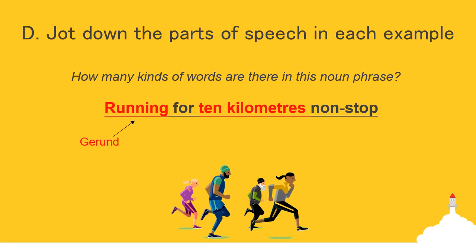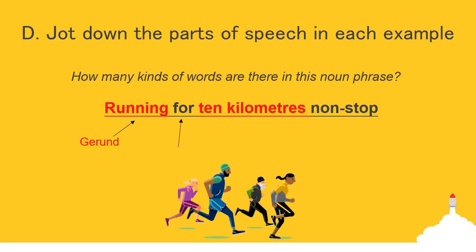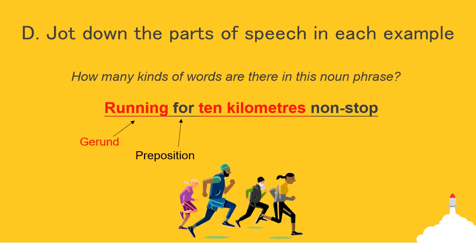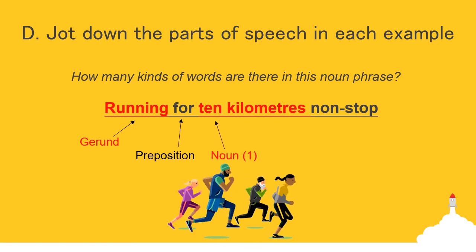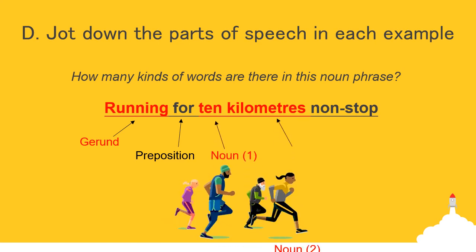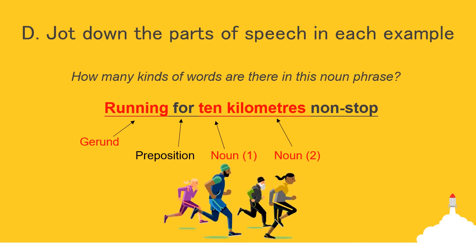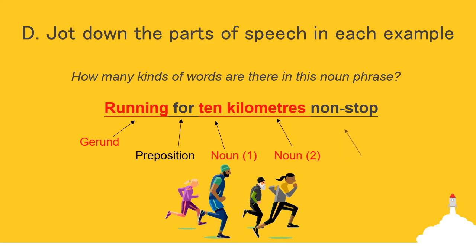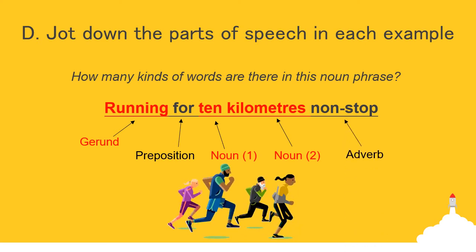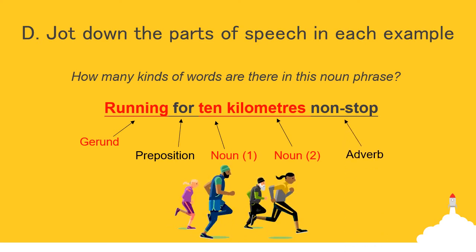Running, it is a gerund, very obvious. And for, it is a preposition. 10, that is a noun. Kilometers, also a noun. The last word in this noun phrase is non-stop, and it is an adverb.